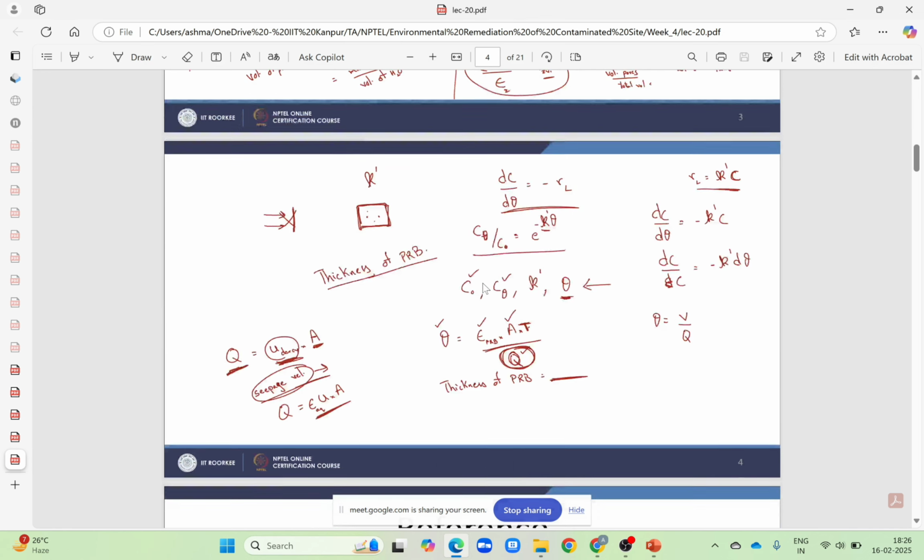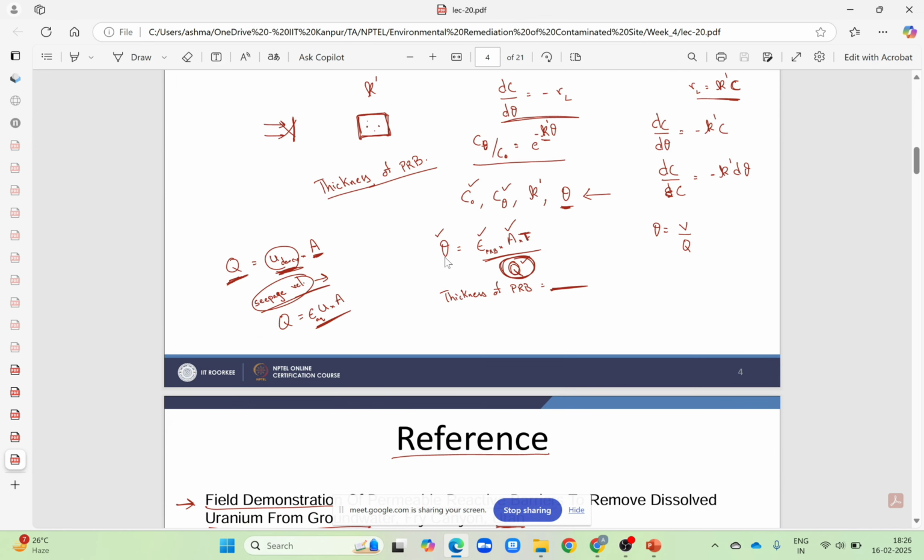From here we can find theta, and theta is nothing but area divided by the discharge of the flow, and this is volume multiplied by capacity of the PRB divided by Q, which will give us the retention time. Using this expression, we first find the retention time, and from the retention time, using this expression, we can find the thickness of the cap.